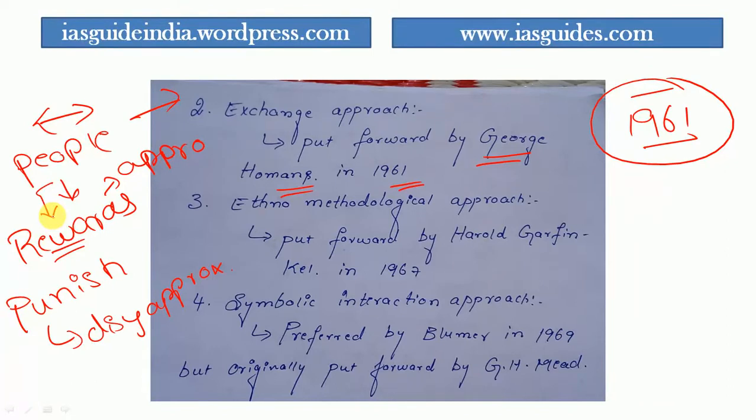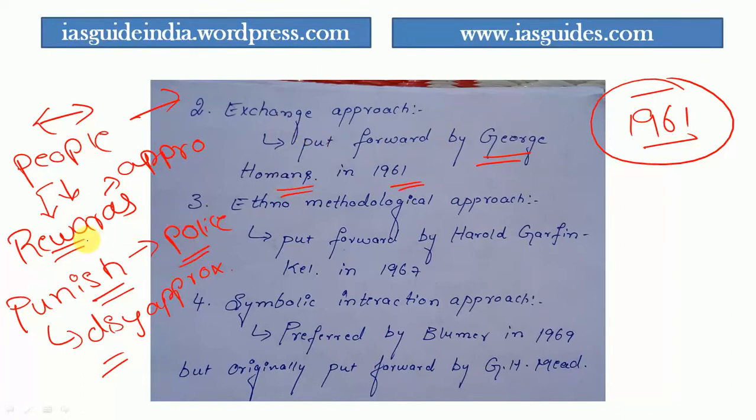And if some other person, instead of putting hard work into his career, is engaged in some disapproved behavior like teasing girls, for example, nobody will appreciate teasing girls. It will call for punishment from the police. That is the disapproved behavior for which there will be punishment in our society by the police. Just an example I have given to understand the exchange approach.